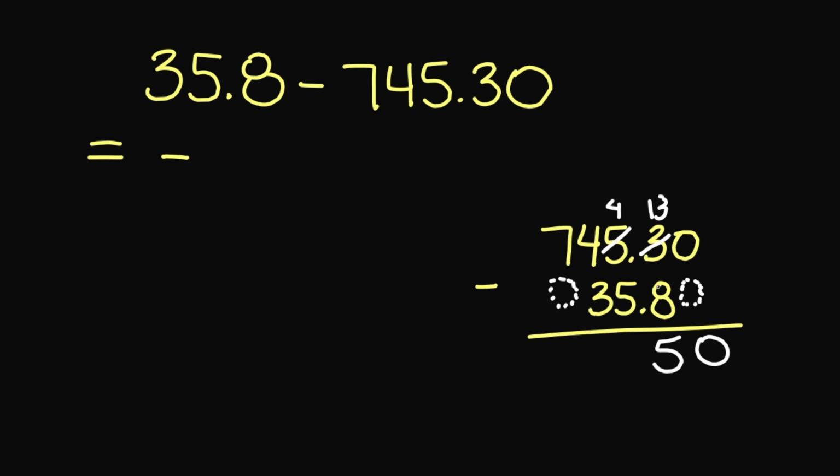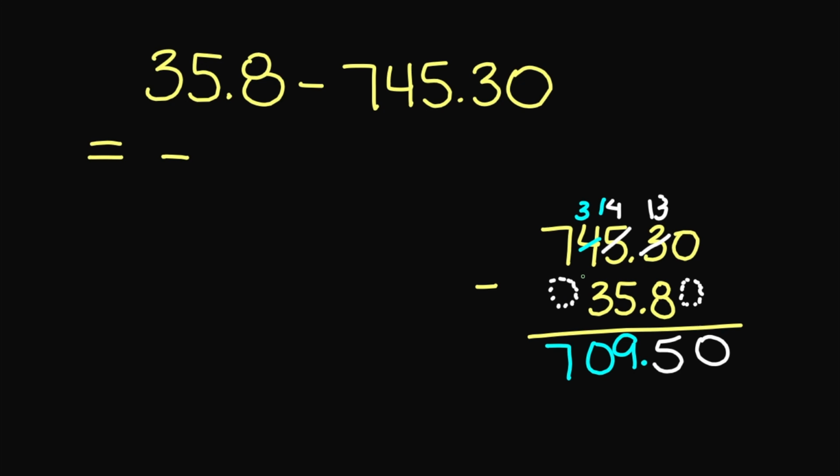I need to borrow. So I'm going to borrow from this 4 here, it's going to become a 3. This 4 here in the ones place is going to become a 14. So 14 minus 5 is 9. 3 minus 3 is 0. And then you have 7 minus 0 is going to be 7. Then you're going to bring that decimal down right here.